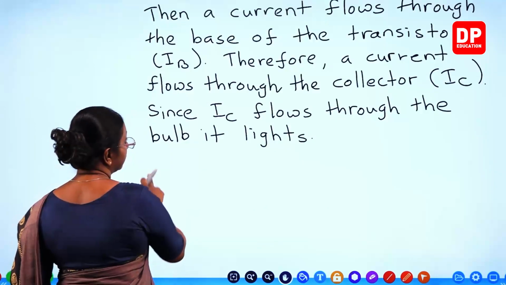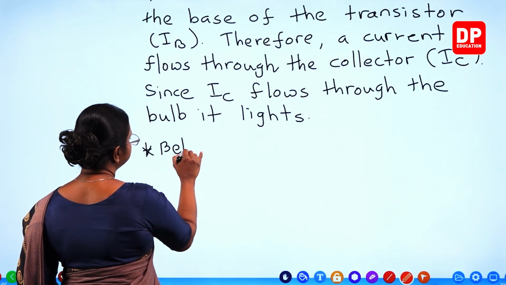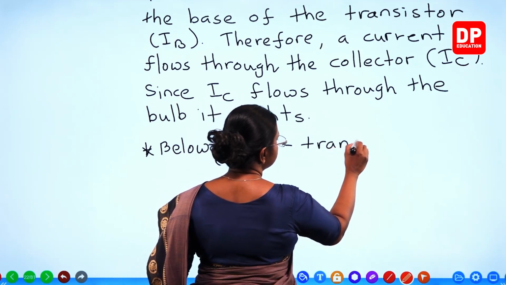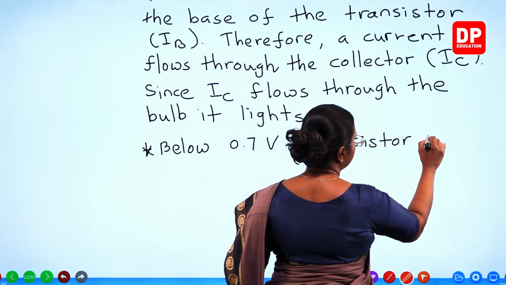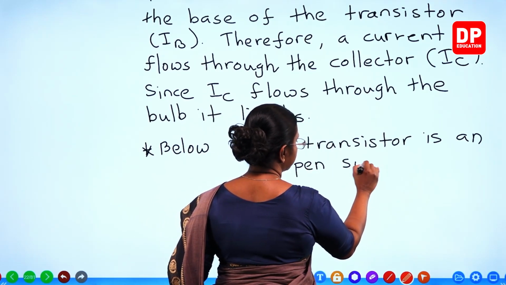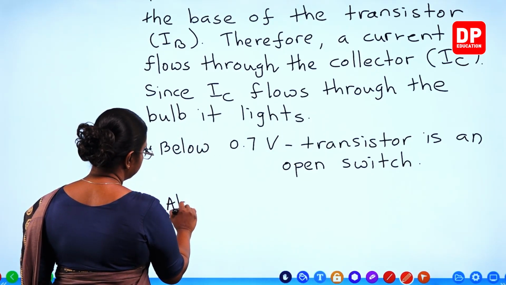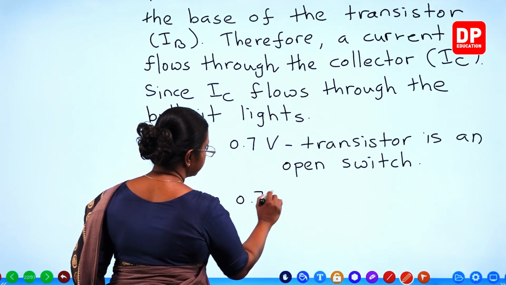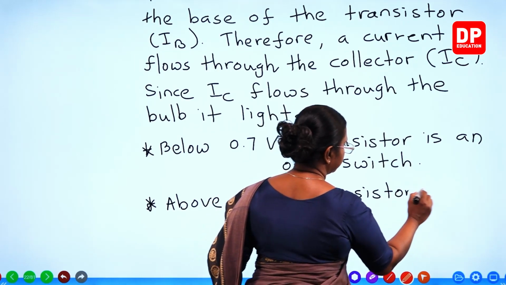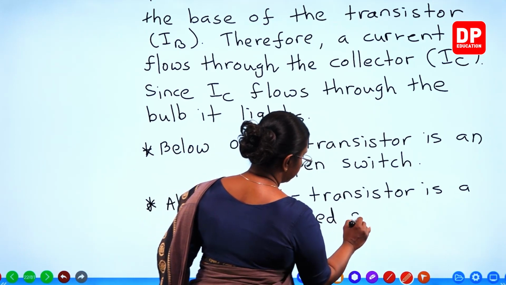So very important, below 0.7 volts, the transistor is an open switch, and above 0.7 volts, the transistor is a closed switch.